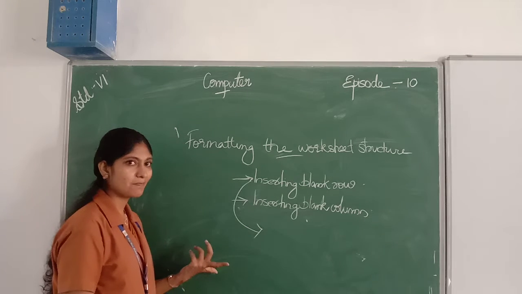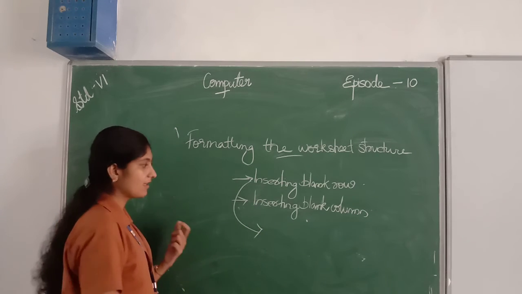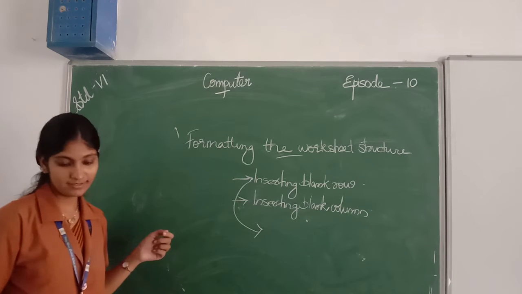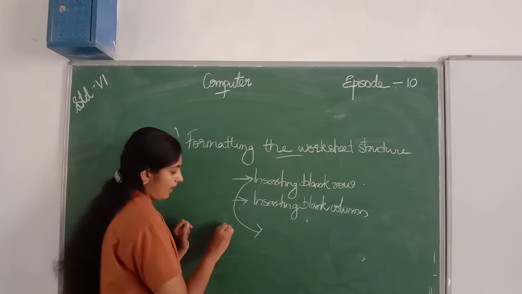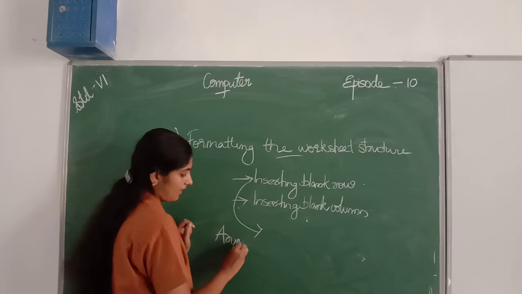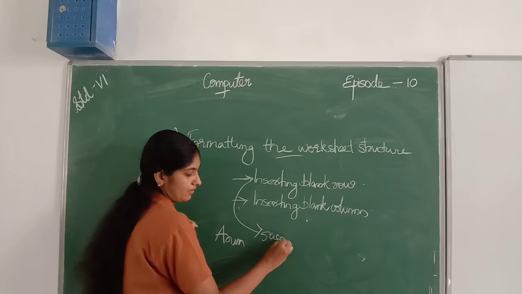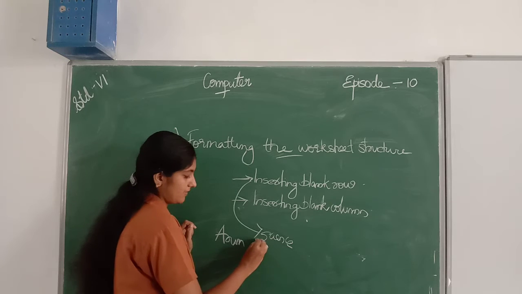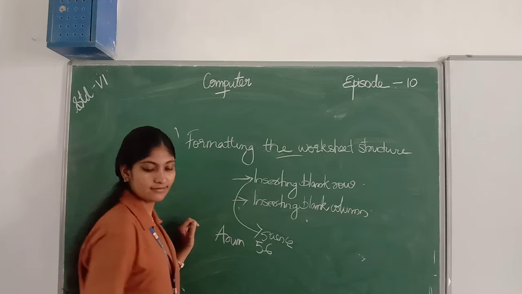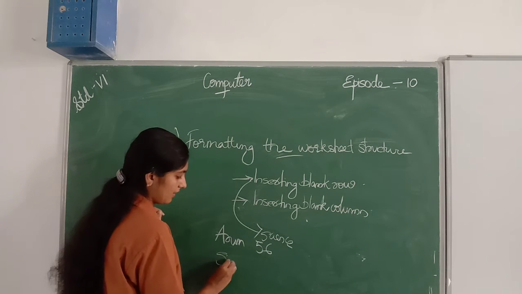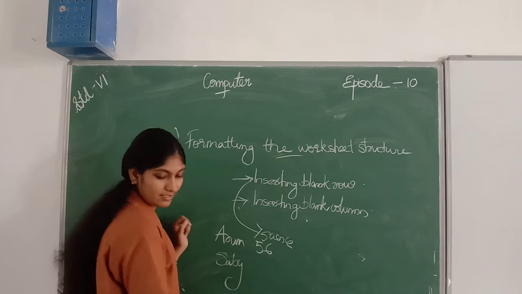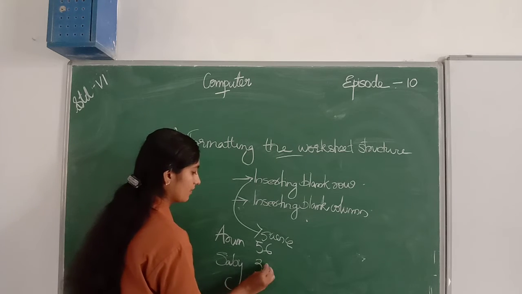How to insert a blank row? That means, for example, here the example is a table: Arun, who got 56 in science, and then Sabi, who got 34.